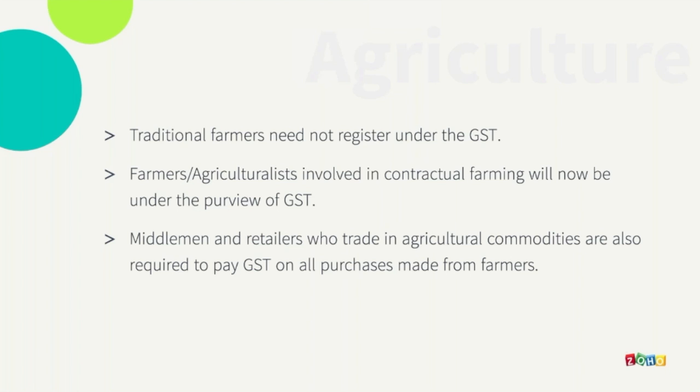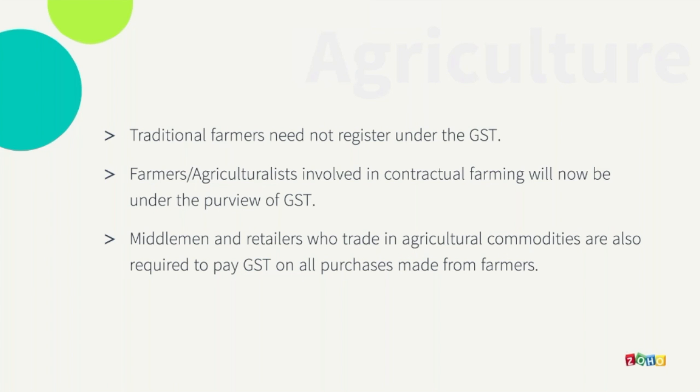That said, please note this is really important. Farmers and agriculturalists who are involved in contractual farming will now come under the purview of GST. By contractual farming, what I imply here is that suppose a particular farmer has a contract with a restaurant chain or a fast food chain to specifically grow certain products for them, then those kinds of activities are going to come under the purview of the GST.